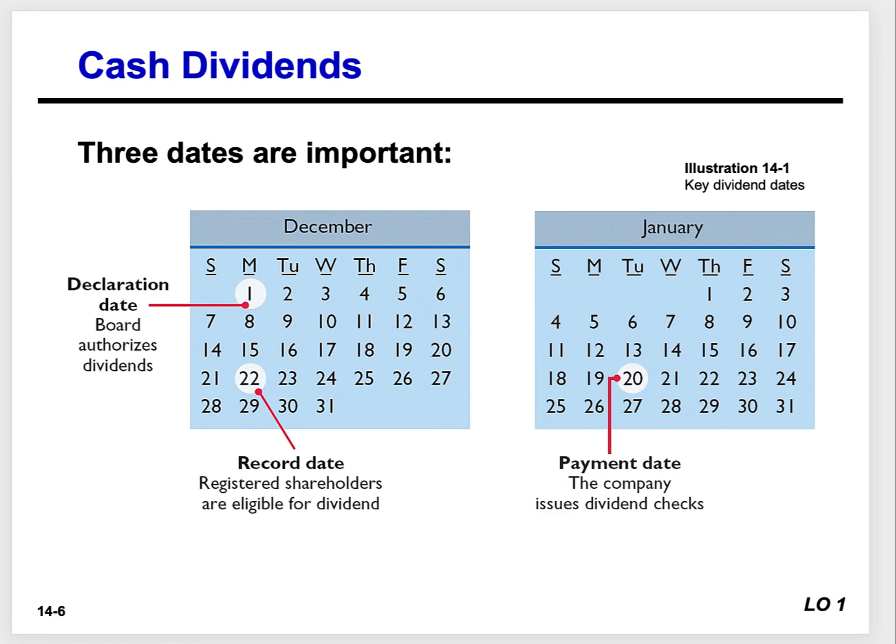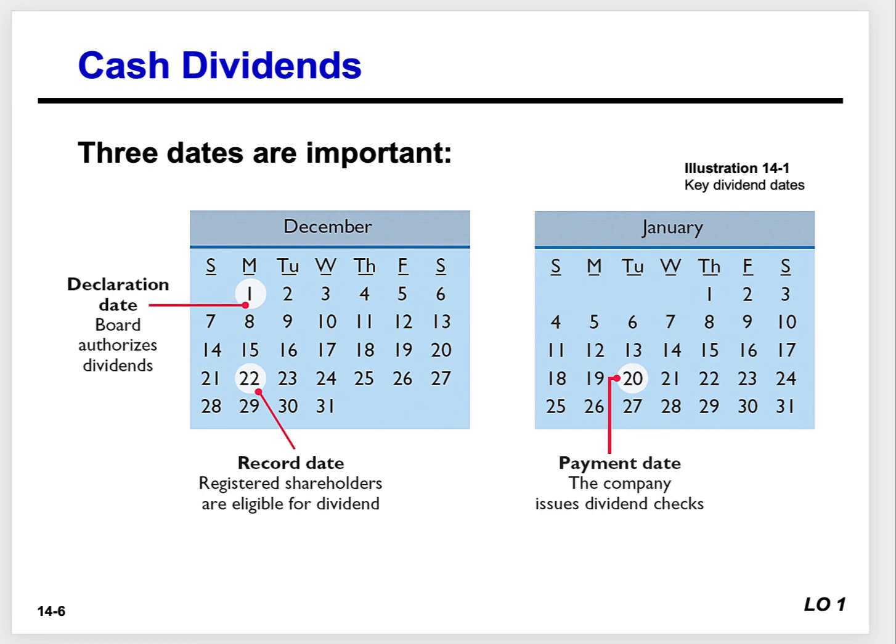As of the record date, we don't do a journal entry. The corporation says, okay, on December 22nd, who actually owns our stock? We need to know who to pay, the owner on record as of the record date.